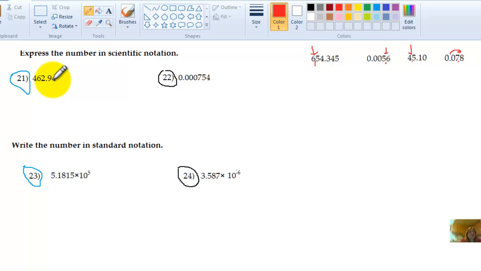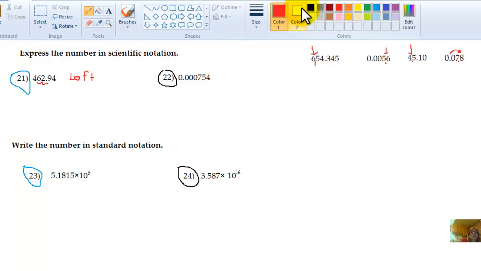For this problem, 21, you want the decimal to be between the 4 and the 6. So we're going to move that decimal 2 places. And this is important, to count the number of places. 2 places to the left. So when we move left, we're making a positive exponent.